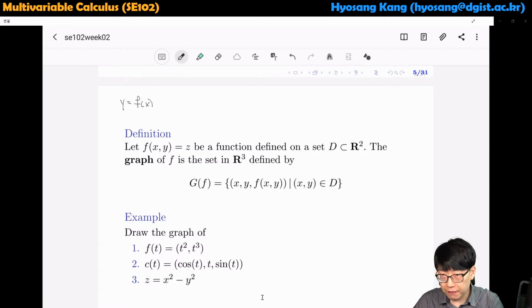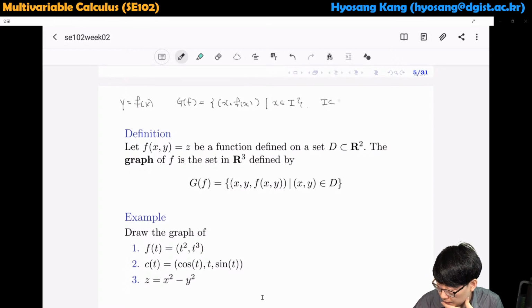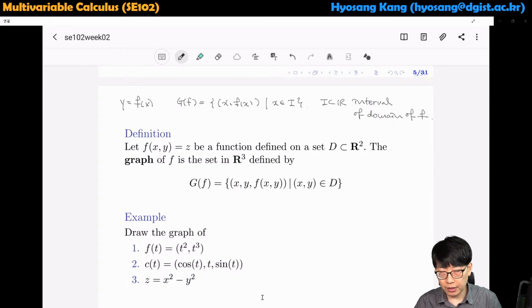Then the graph is nothing but a set of points lying on the curve inside of the two-dimensional plane. So I can rewrite my graph of f to be a pair of points x, f of x, where x lies in some interval, which is the domain of this function. So I will just extend this definition.